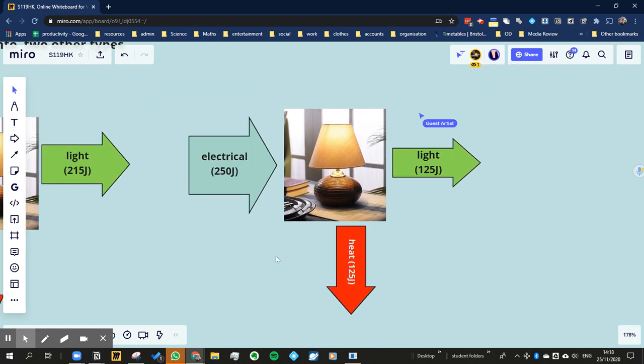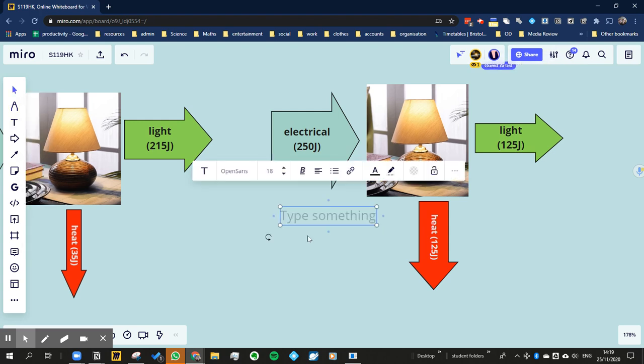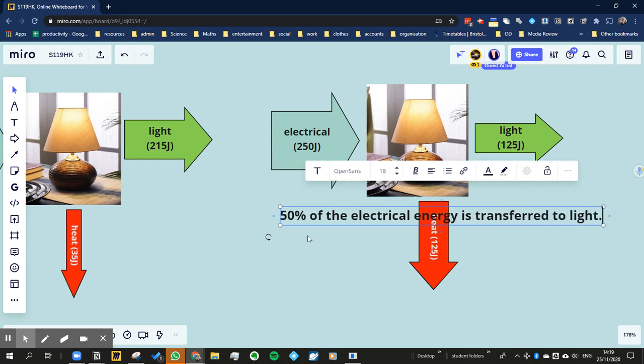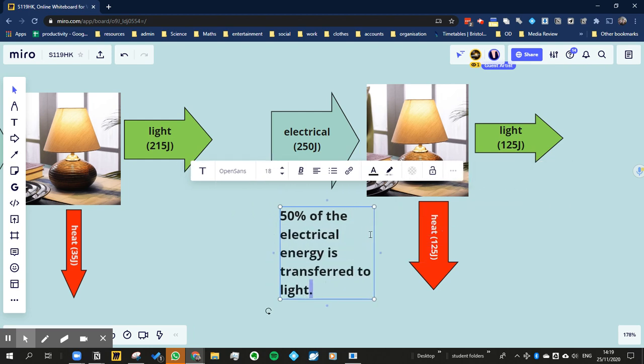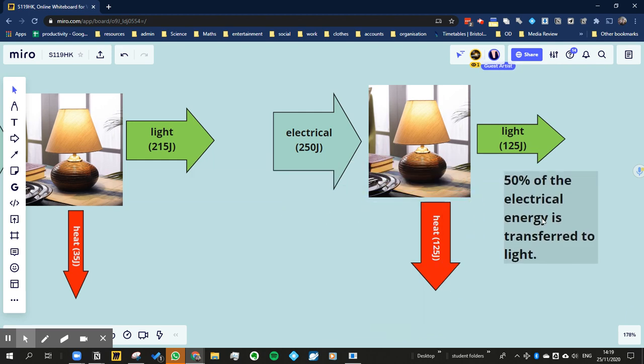And this means that in this one, 50% of the electrical energy is transferred as light.